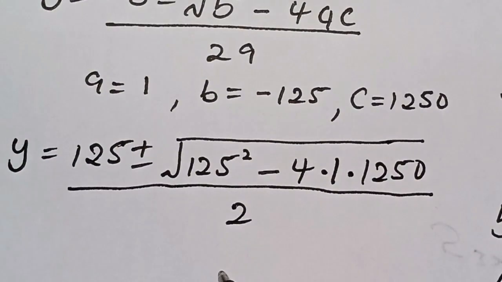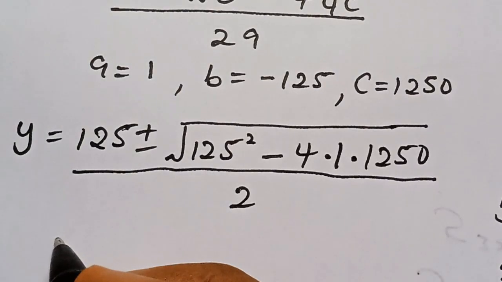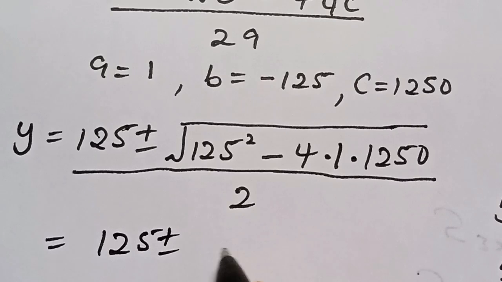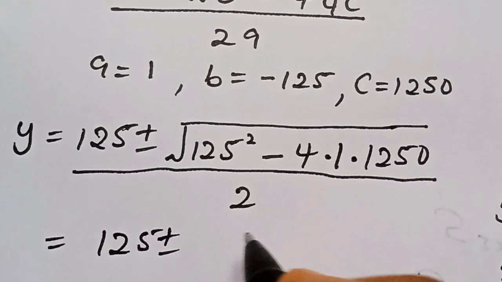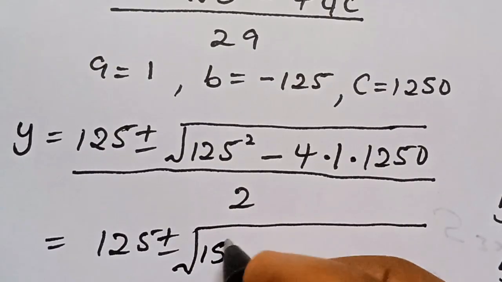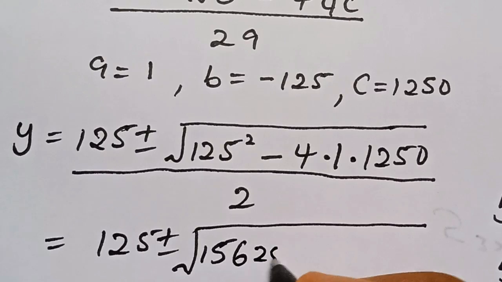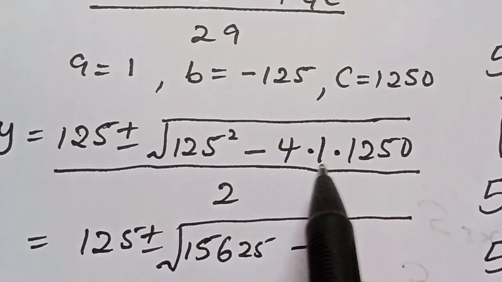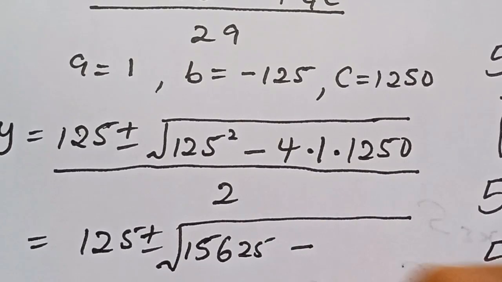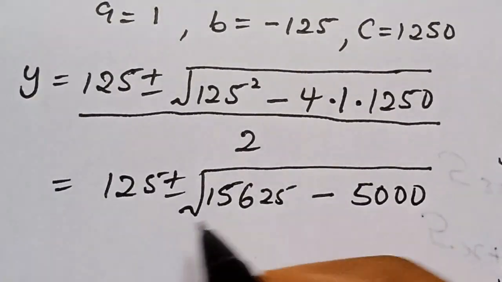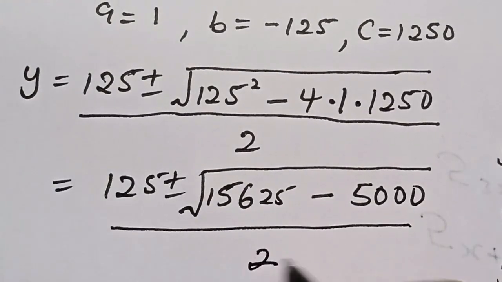So from here, our next step is 125 plus or minus the square root of 125 squared, which gives 15,625, minus 4 multiplied by 1 multiplied by 1250, which is 5,000, all over 2.